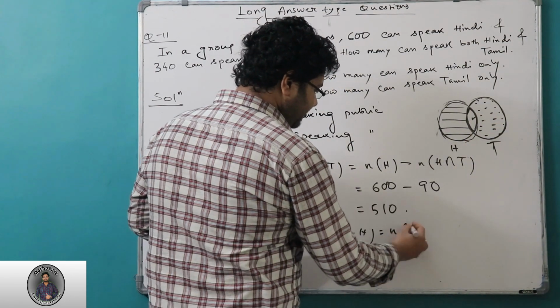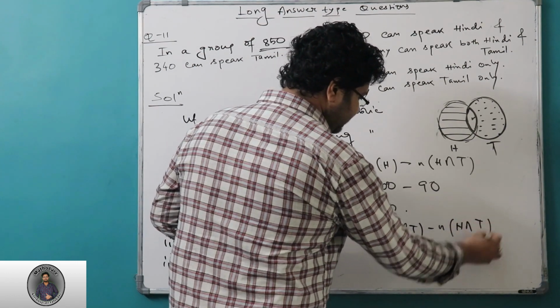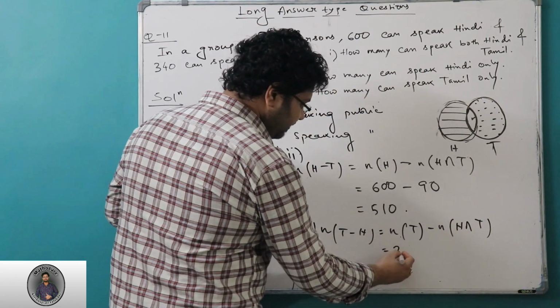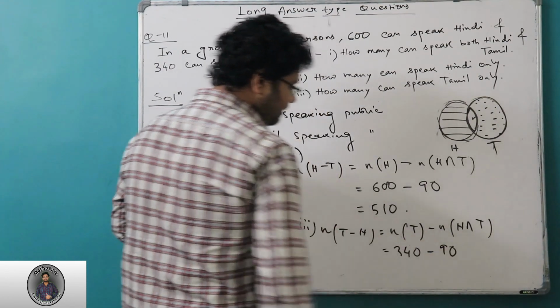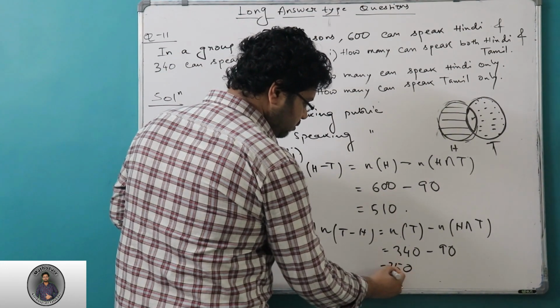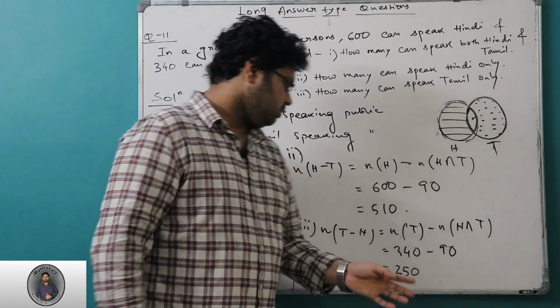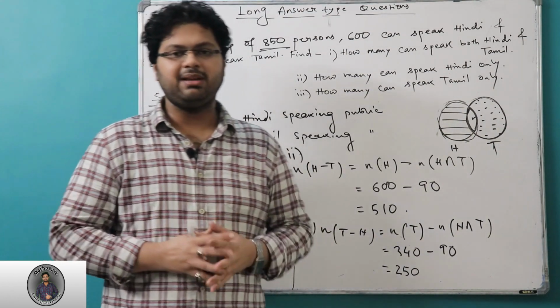So this will be n of T minus n of H intersection T, and n of T we know is 340, minus H intersection T, which we have found already, that is 90. So this will be 250 people. Therefore there are 250 people who can speak Tamil only.